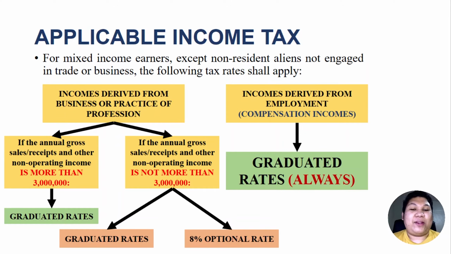But if the taxpayer chooses the 8% optional rate for his business or incomes from practice of profession, then we would first have to solve for the income tax for the incomes derived from employment, and that is always subject to the graduated rates. For incomes derived from business or practice of profession, you will also have to compute the other income tax that will be subjected to the 8% optional rate. So later on in this video, we will discuss an illustration on how to compute income taxes considering these two income tax regimes.